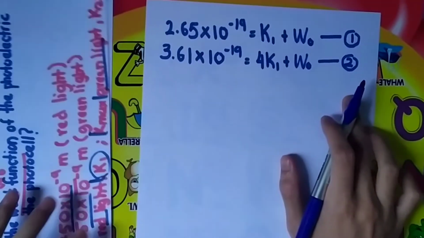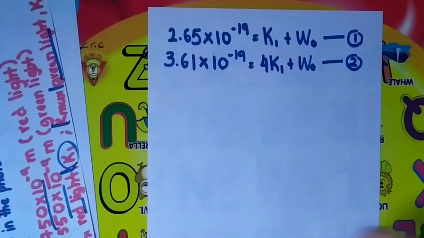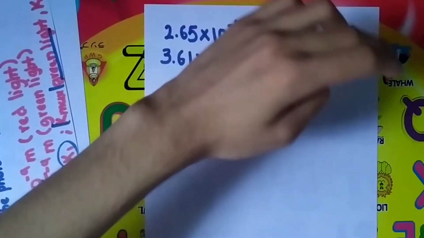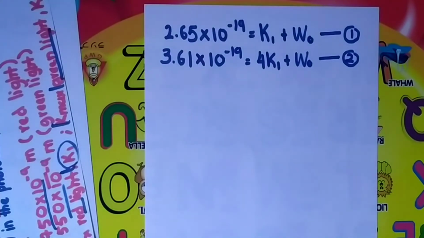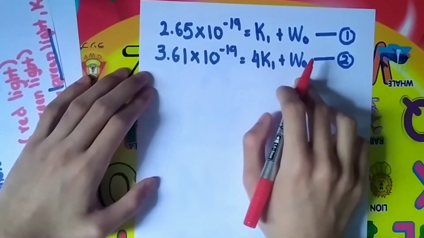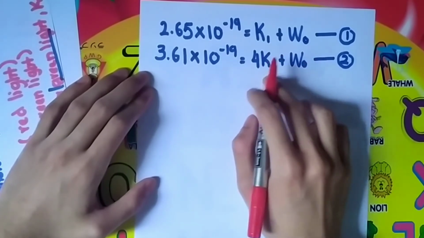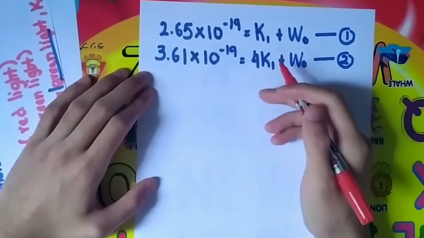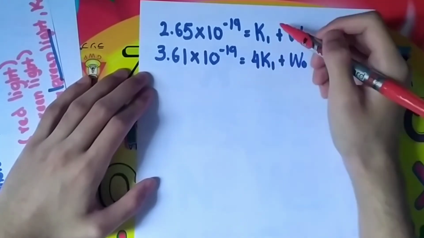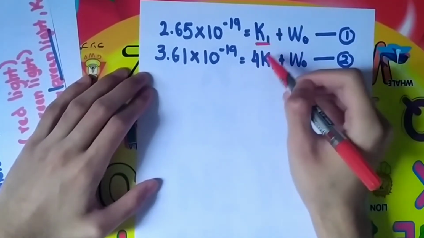So I use this arrangement for equation 1 and equation 2, and we need to use the elimination operation. Why elimination? Because we want to cancel the K1 that we don't want.